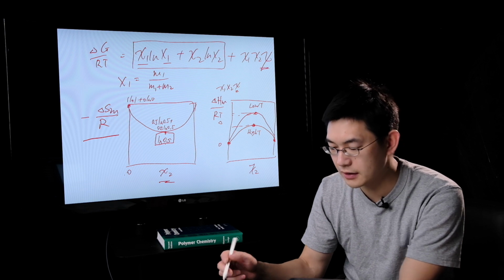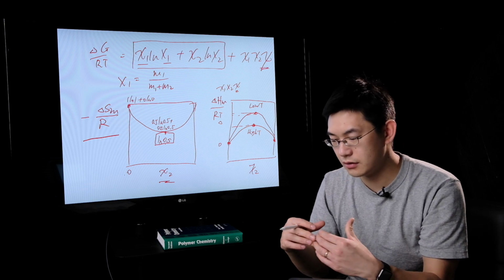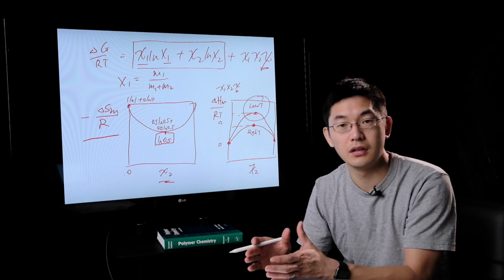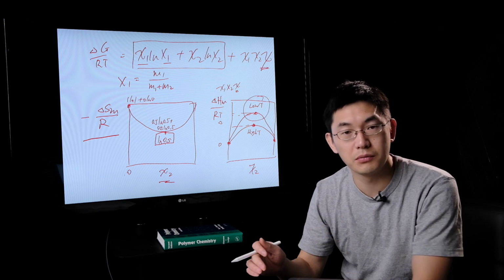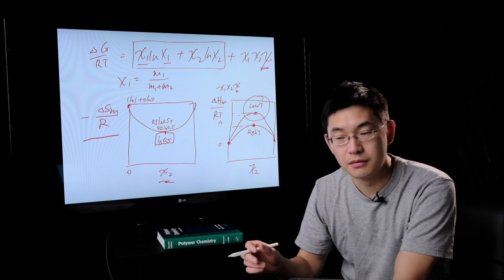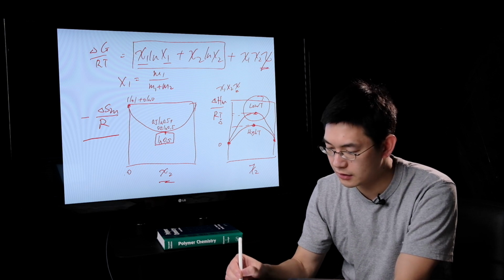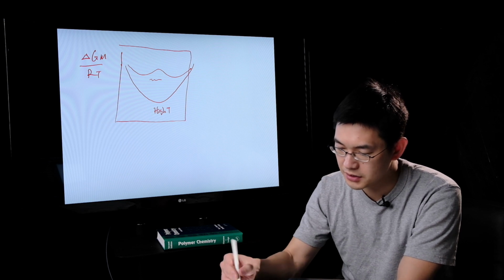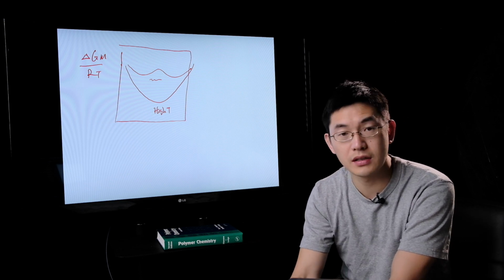And why this happens, as I explained in the last slides, is because at low temperature, the entropy contribution starts to become more and more significant because there's a temperature term here, while the delta S over RT does not have it. So this is what you will see.